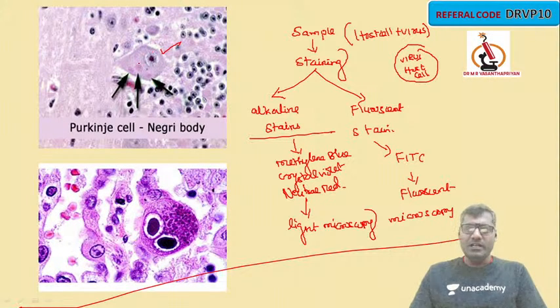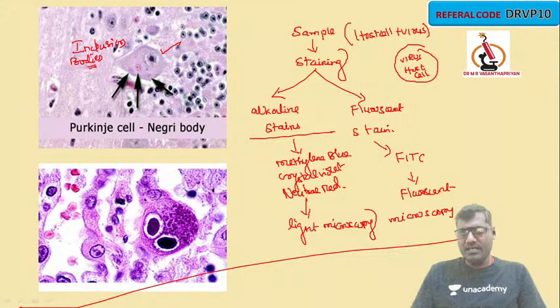Okay, so once we perform the staining procedure here, the host cell is demonstrated. Within the host cell, the viral particles are demonstrated, which will be described as inclusion bodies. The inclusion bodies are nothing but the host cell along with the viral particle we are demonstrating.